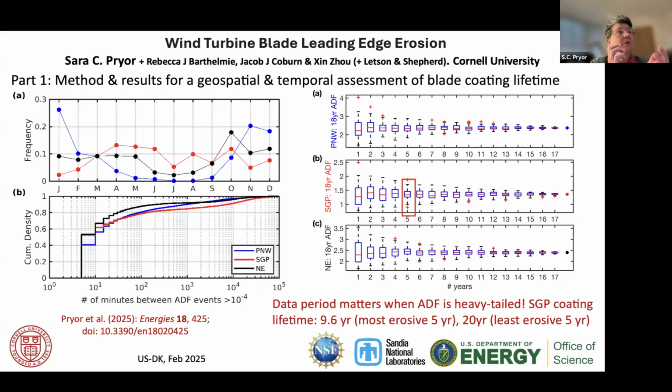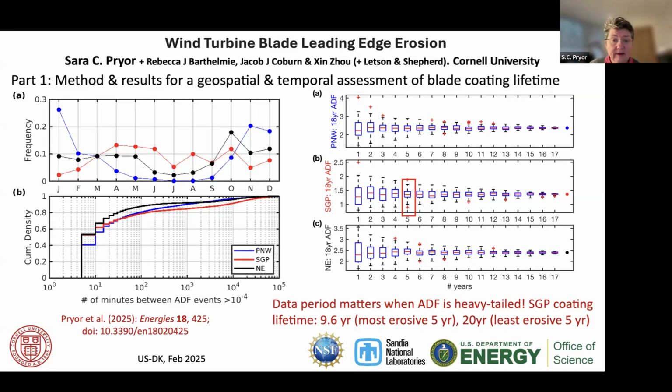So not only are we having to halt the wind turbines relatively infrequently in the Southern Great Plains, but they tend to be concentrated in time. So stopping the wind turbine for 10-minute periods will extract a substantial number of these damage periods.